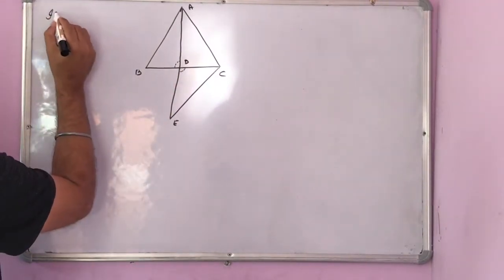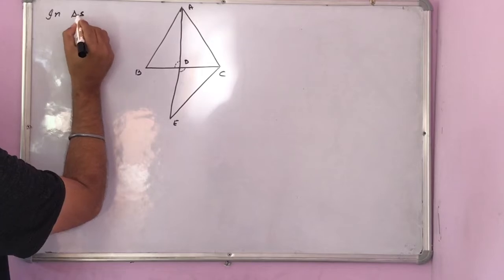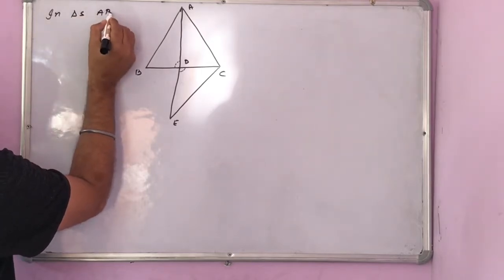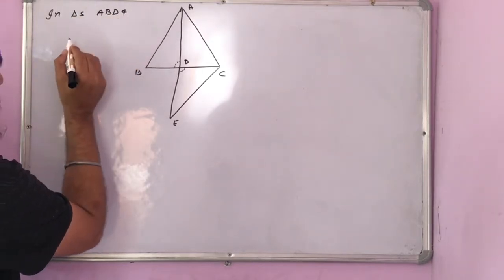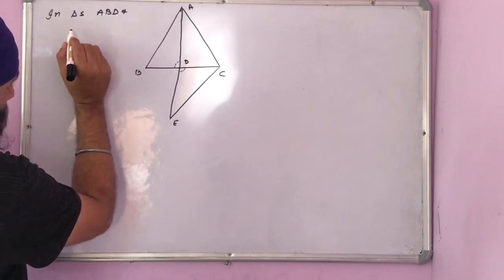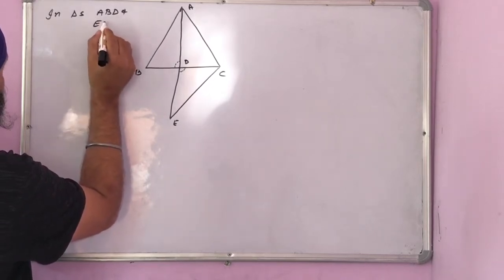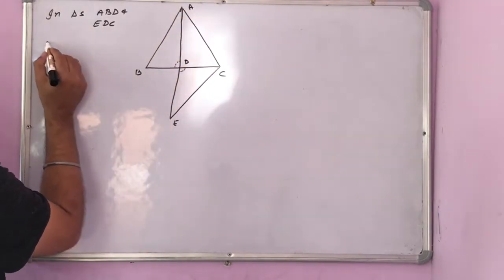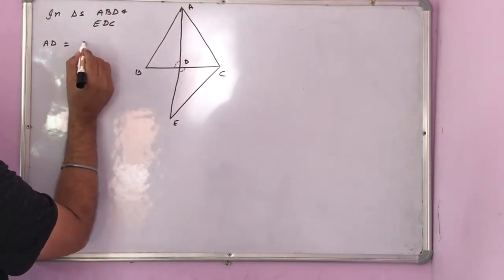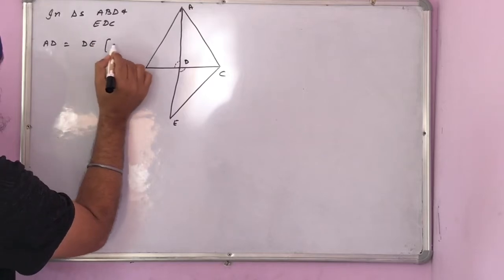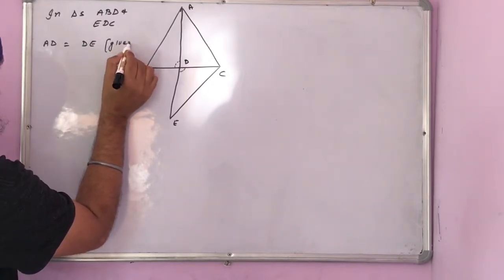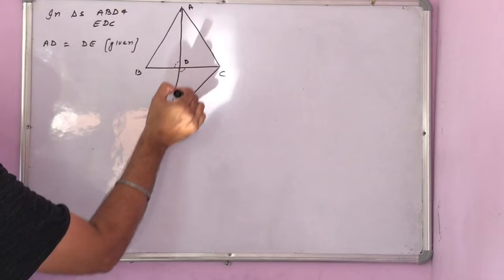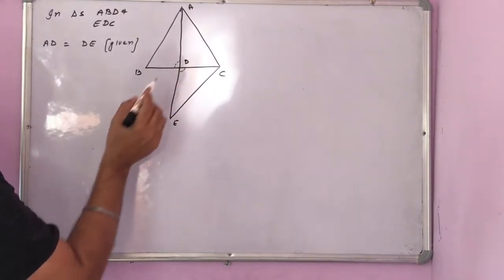In triangles ABD and EDC, AD is equal to DE, that is given.